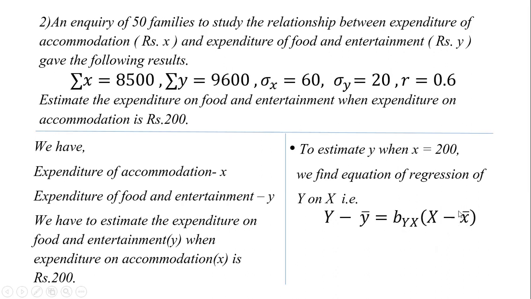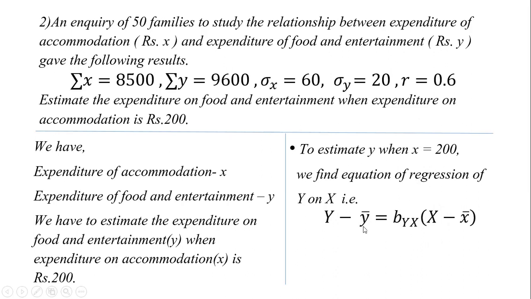Now here, y bar we can find as summation y upon n. We can find x bar using summation x upon n. Now we find byx using the remaining things, sigma x, sigma y and r. And here the value of x is given as 200.